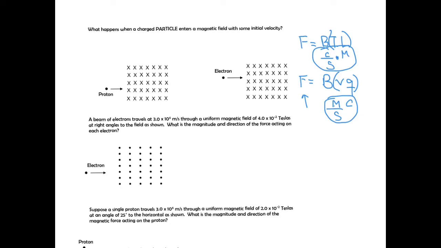So the proton is very similar to the positive flow of current in a wire. If you think about it, current in a wire is just coulombs going by, coulombs going some length over time. And even though the proton is the tiniest amount of coulombs we can get, 1.6 times 10 to the negative 19, it still represents coulombs over time.